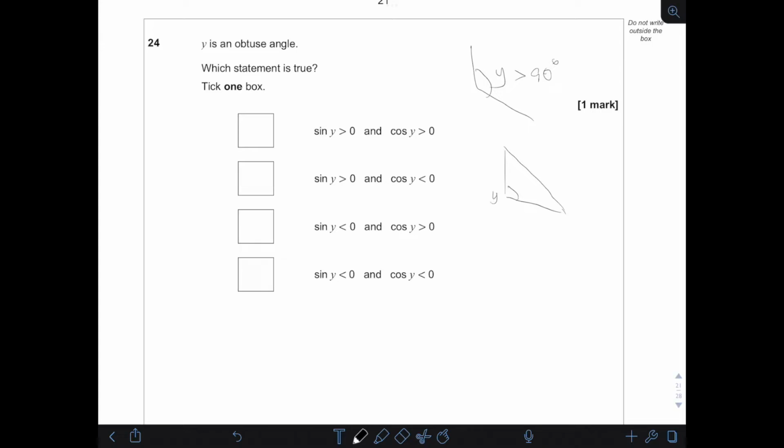So if we say y is this, hang on a minute, it's WXY normally, and then we have the opposite line, so normally that's how you draw a triangle.